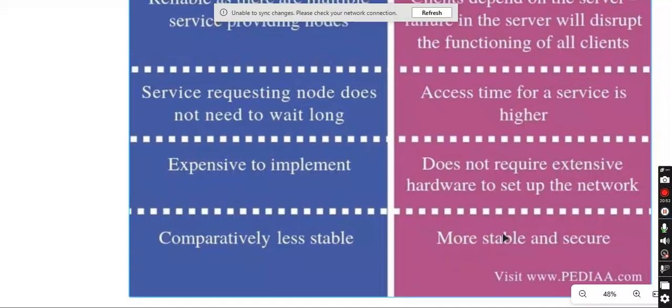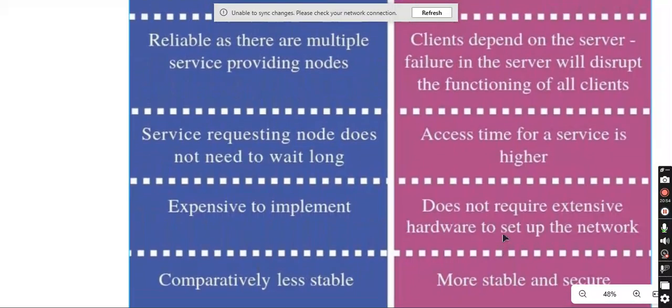While in the client server model, we have more stability and security. You must have seen that as soon as you call someone on WhatsApp, it says end-to-end encrypted. You must have seen encryption in your O levels. Encryption is a security method that you use.